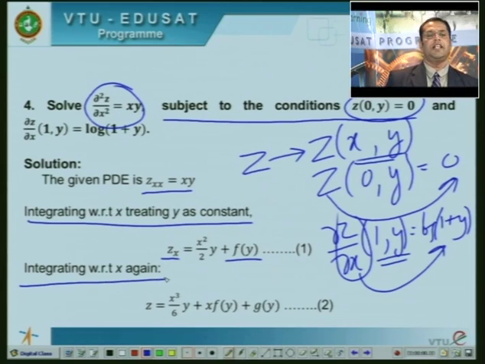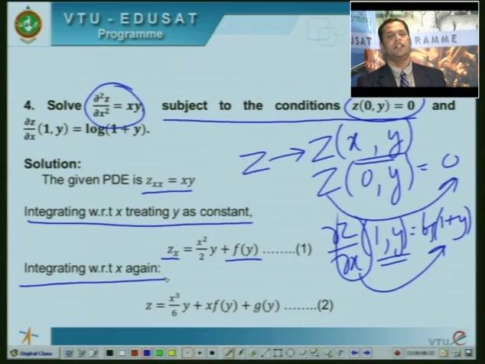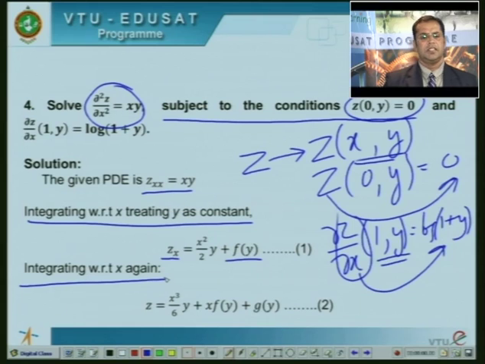We move on to the second integration with respect to x keeping y constant. So, that should give you integration of x square by 2 y, in x square by 2 y, y is a constant, integration of x square is x cube by 3. So, x cube by 3 into 2 in the denominator will give you x cube by 6 into y.